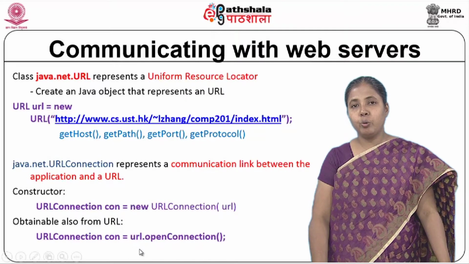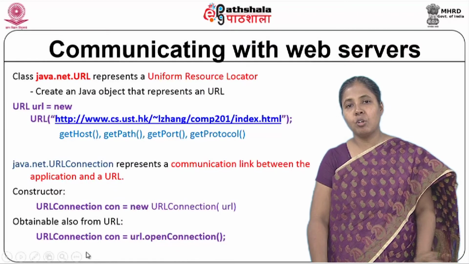As I told you, you use the constructor of the URL class to create a URL object, then use that URL object and use a method called openConnection, using which you can also create a URLConnection object. So, a URLConnection can either be created using the constructor of that class, or with the openConnection method of the URL class.